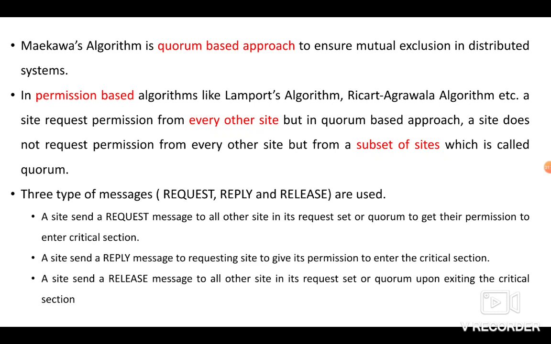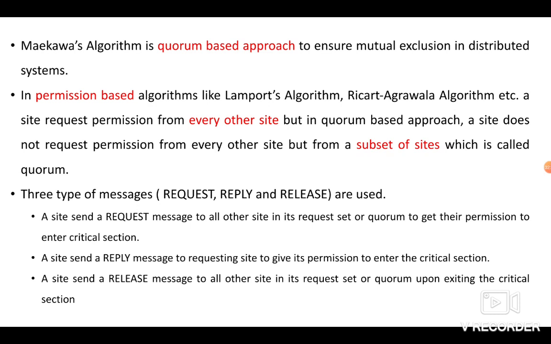In a permission based algorithm, we have to get permission from all the remaining sites in the distributed system, whereas in a quorum based approach, we don't need to get permission from all the sites. We form a subset of sites. That subset of sites is called a quorum, and from this subset we have to get the permission. That is the difference between permission based algorithms and the quorum based approach.